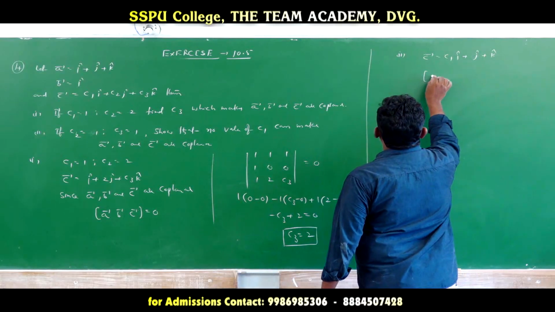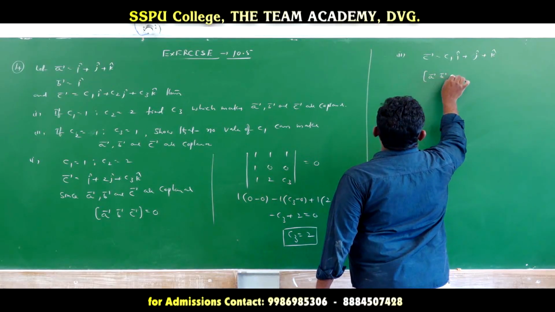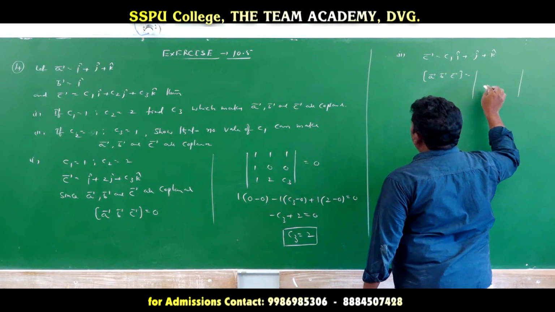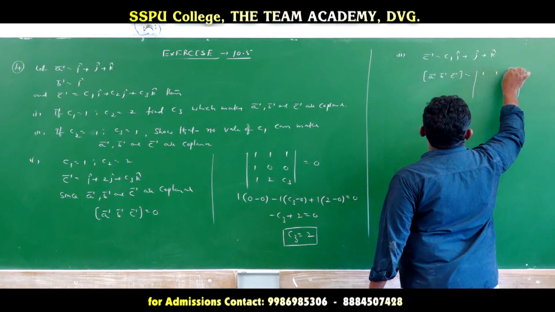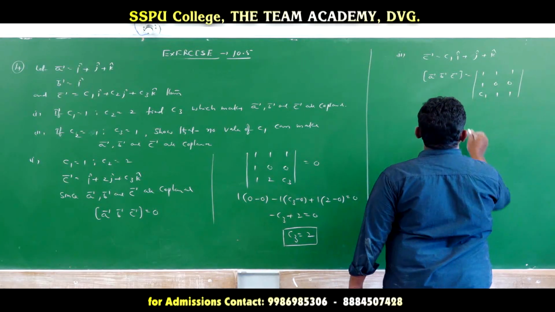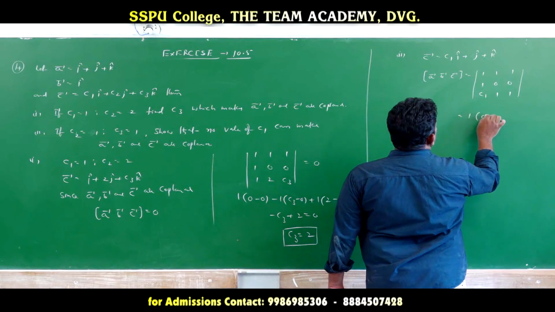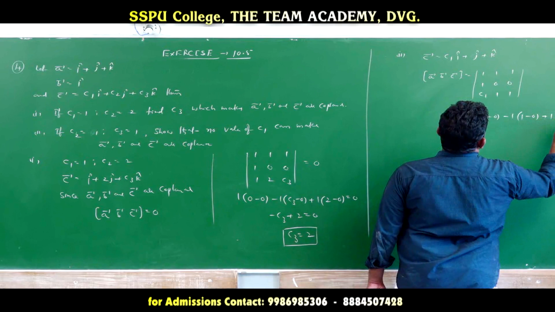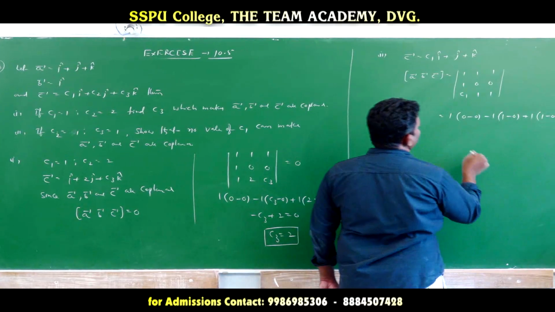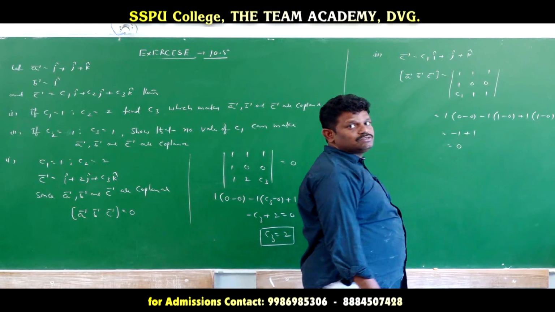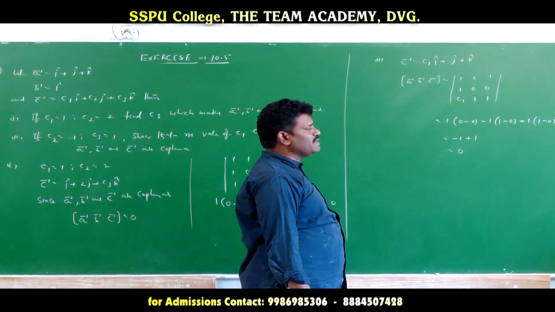Now if you find out the box of A bar, B bar, C bar, it will be 1 1 1, 1 0 0, C1 1 1. Now see this value: that is equal to 1 into 0 minus 0, minus 1 into 1 minus 0, plus 1 into 1 minus 0, that is equal to minus 1 plus 1, that is equal to 0. So these 3 vectors become collinear.